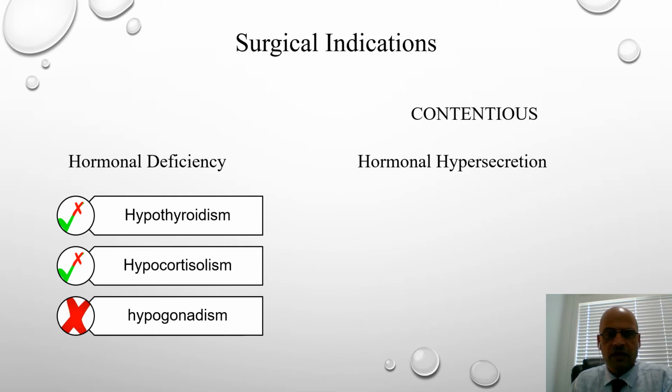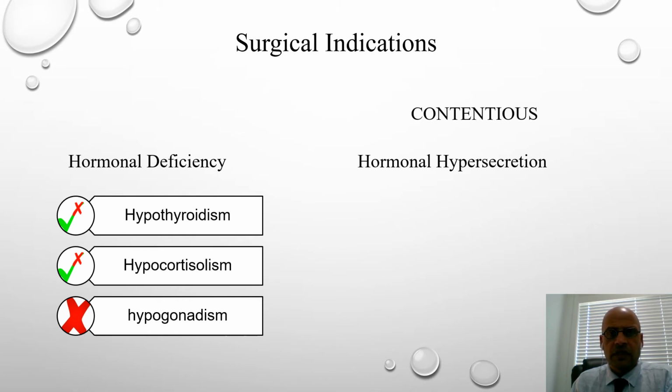So it's very unlikely for these cells to recover if they have been damaged for a long time. Hypogonadism, when it's presented, is usually too late. And what do we treat? Just give them testosterone, for example, or HRT or MHT for females. So hypogonadism, in my experience, I've never seen it as a reason for a surgical referral.